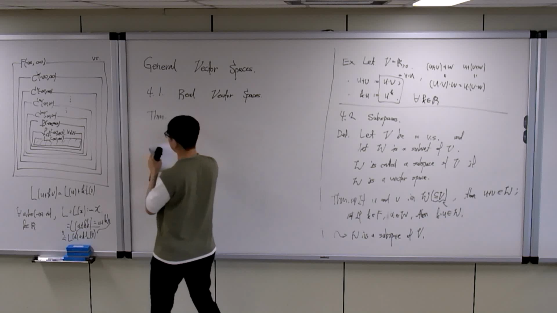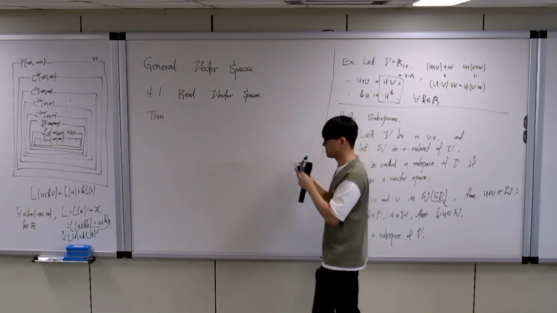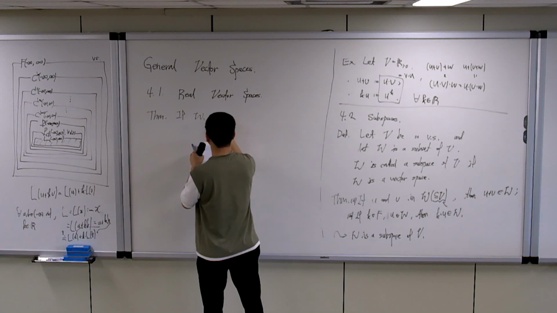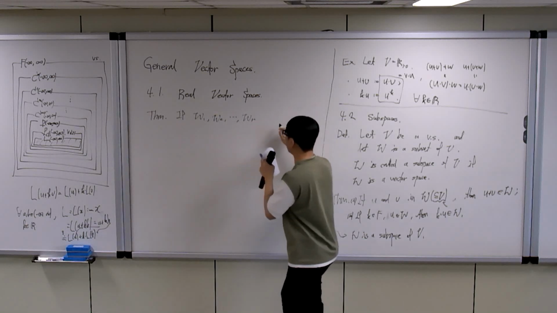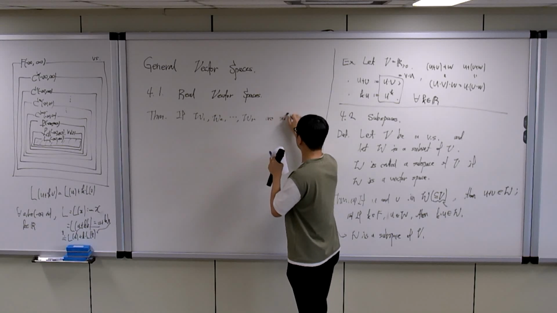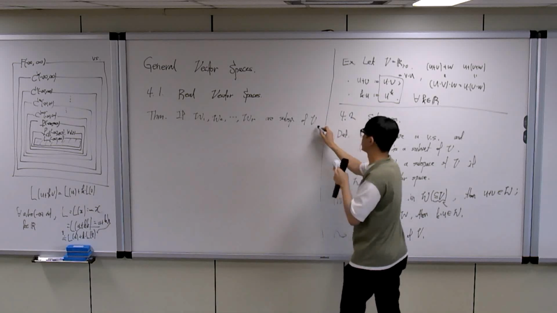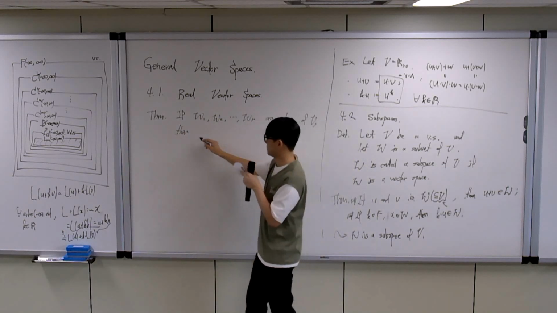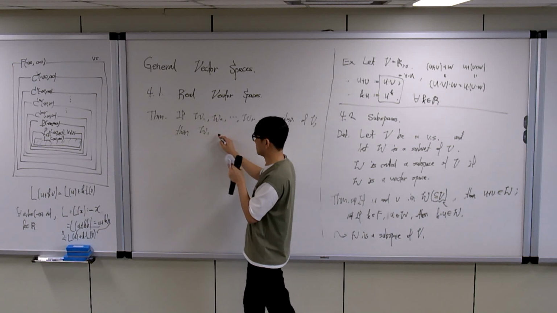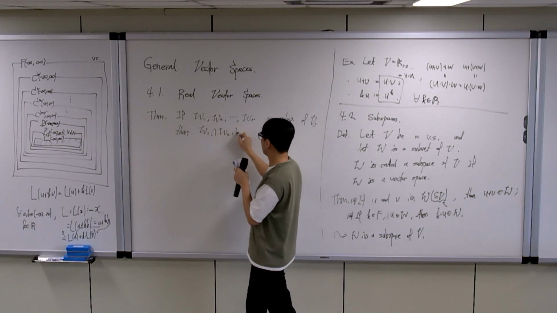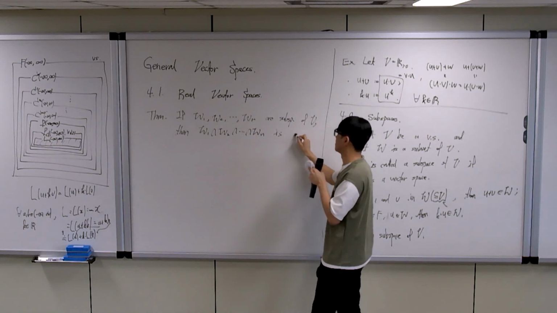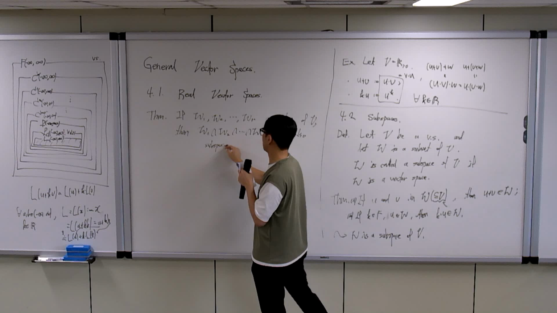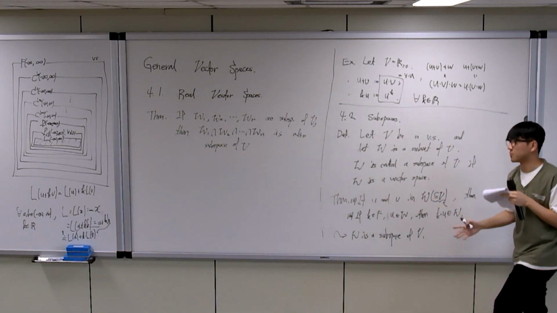I will give a property of subspaces of V. If you have subspaces of V, where V is a vector space, then the intersection of each subvector space is also a subspace of V, because it will satisfy the closure property for each vector.